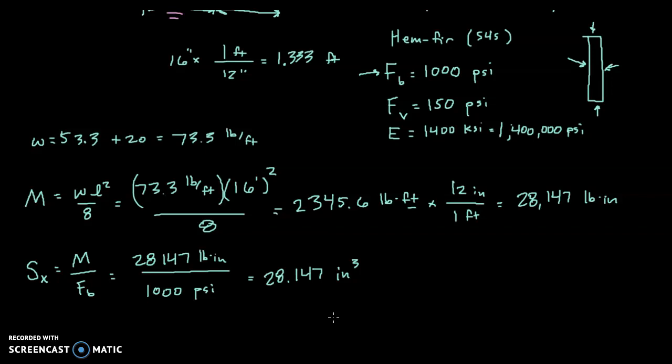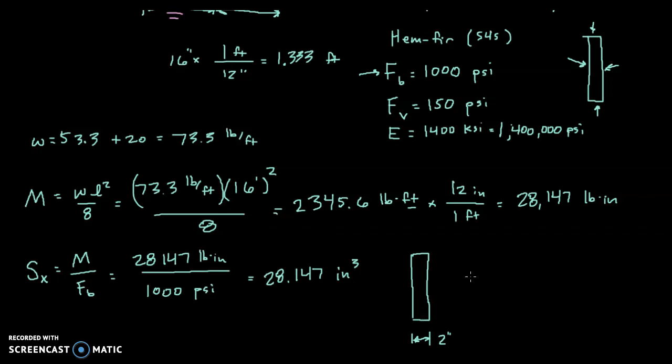So now we want to look up a timber size that will provide a section modulus that is large enough. Joists are typically dimensioned lumber that stand up on their end that are nominally 2 inches in width. So 2x8s, 2x10s, 2x12s, these are types of lumber that are typically used as joists.